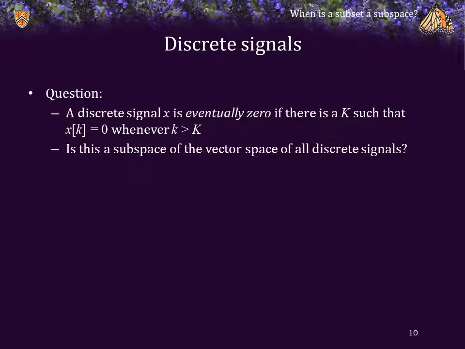Does the subset of all signals that are eventually 0 form a subspace of the vector space of all discrete signals?